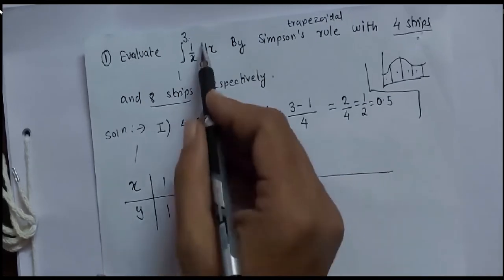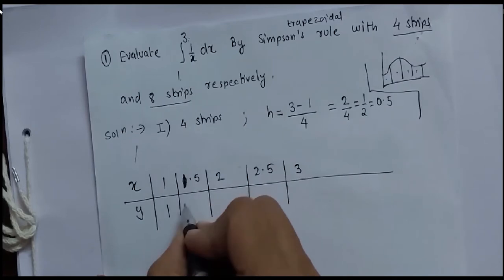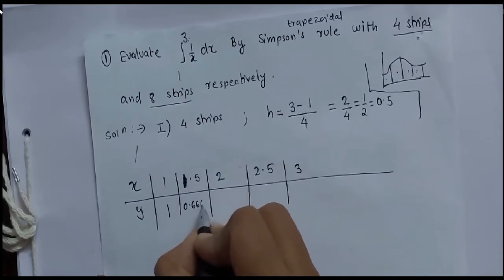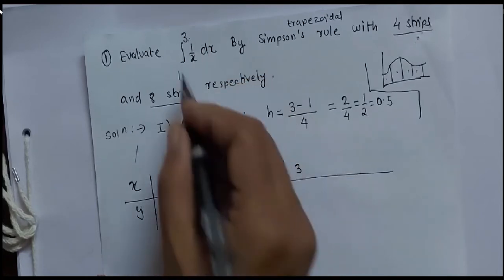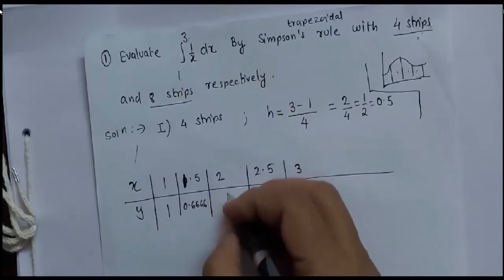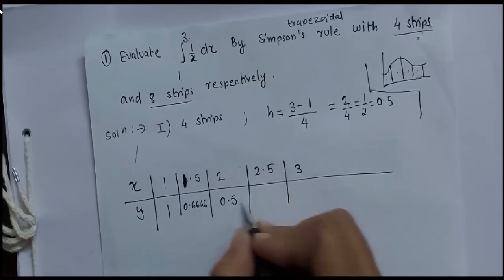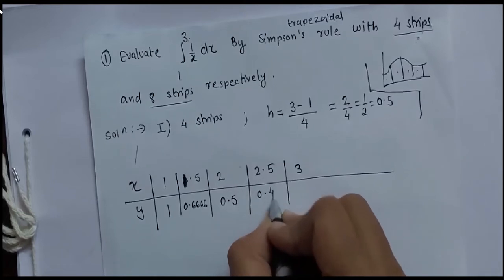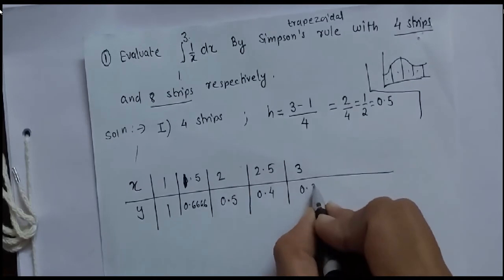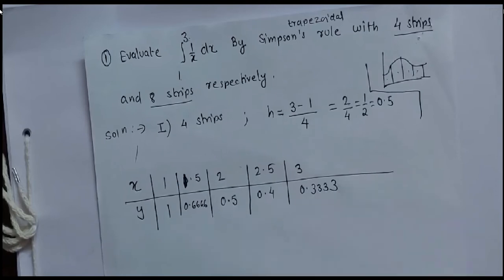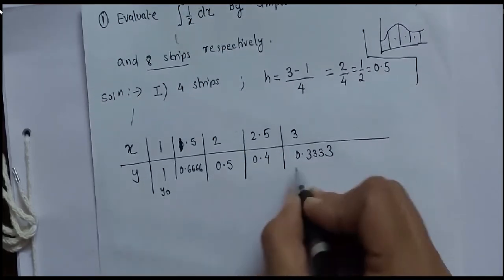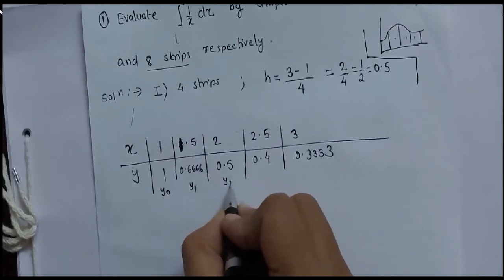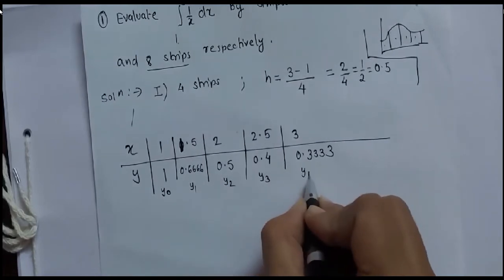Putting 1 upon 1.5, we get 0.6666. For x equal to 2, we get 0.5. Similarly 0.4 and 0.3333. From this we know this is y0, y1, y2, y3, y4.